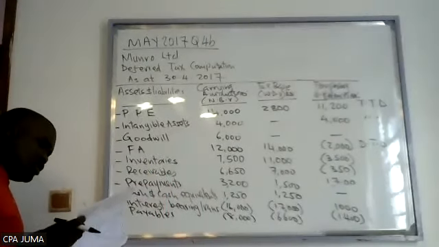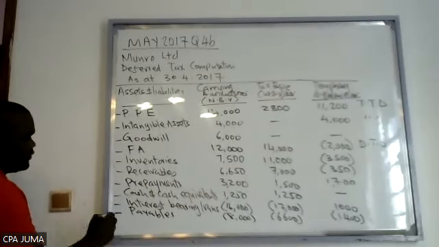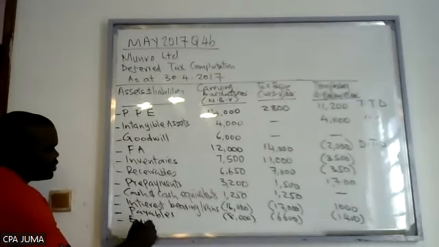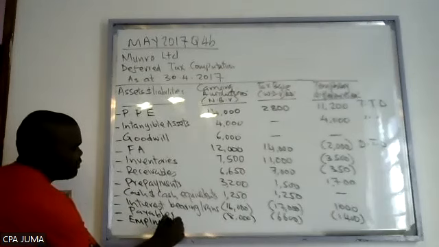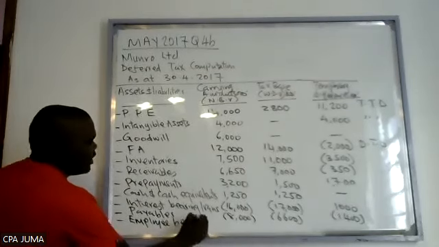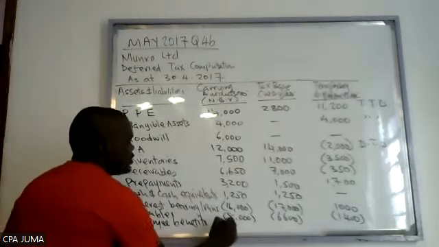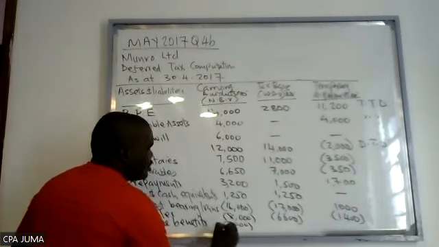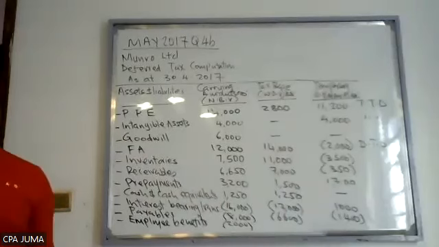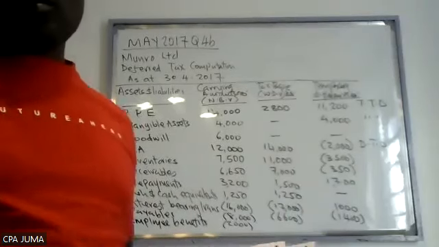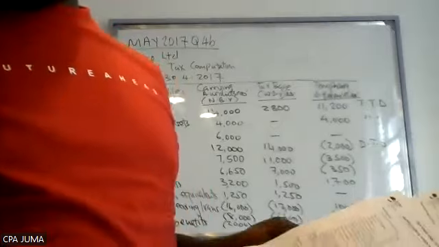Next, at last, employee benefits. The book value is 2,000.